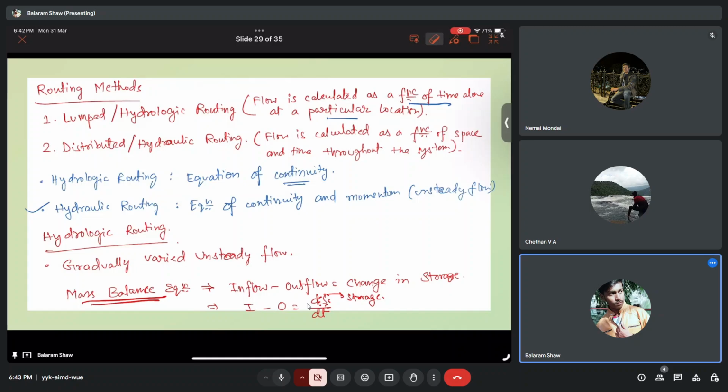And when both of them join, after that the withdrawal will happen, withdrawal from the storage. And remember that area 1 will be equal to area 2. Both the areas should be equal.